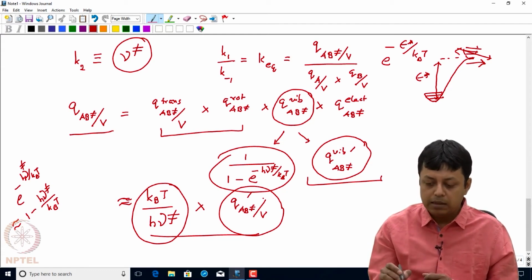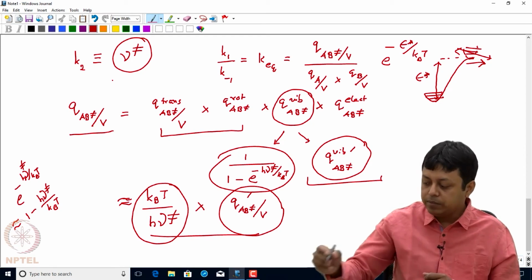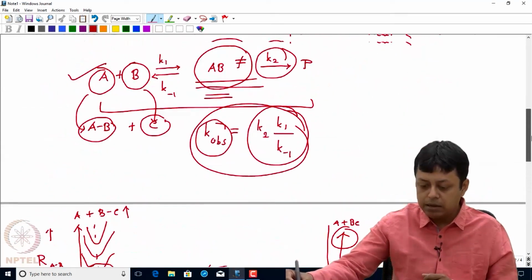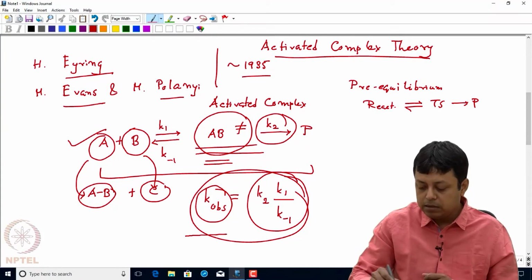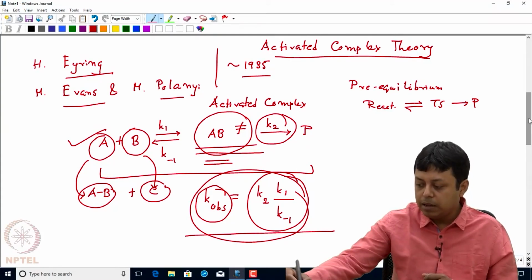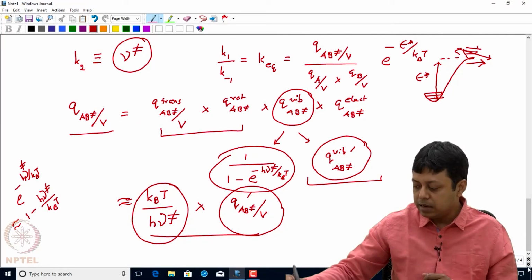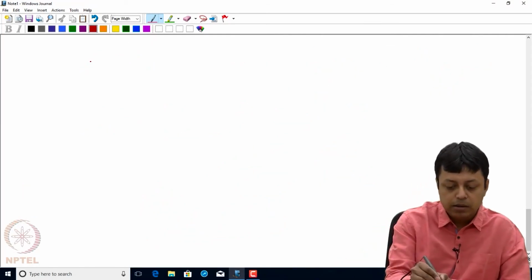Now we can put this back into the equation. The original equation, if you remember, had the observed rate, which is k2 by k1 by k minus 1. For k2, I will replace it directly with nu dagger.